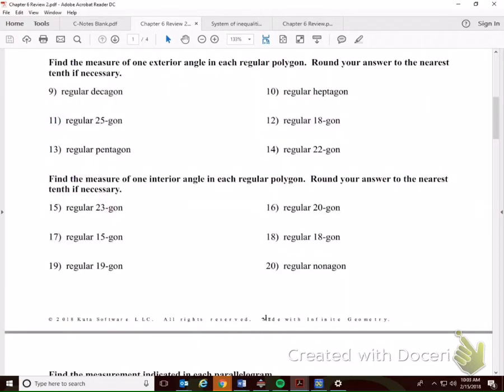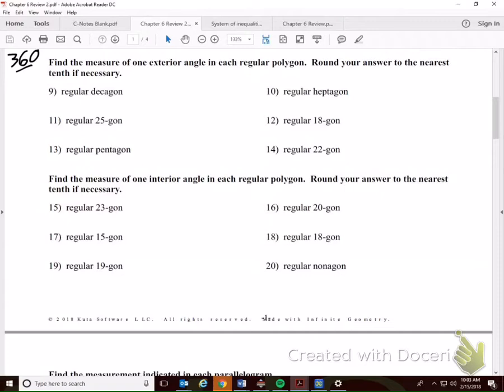Moving on. So for 9 through 14, we know that all of the exterior angles have to equal 360. You remember Andy Angles' trip around the triangle, regardless of which direction he went. When he ended up at the starting point, he had traveled 360 degrees.